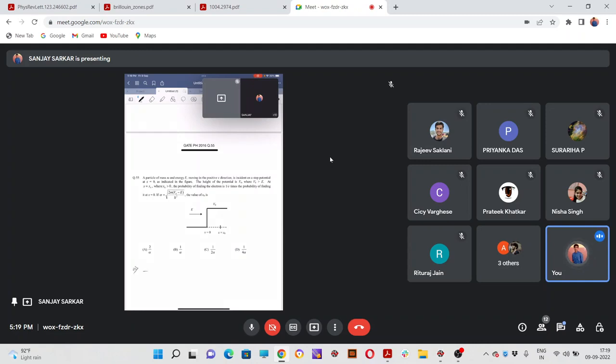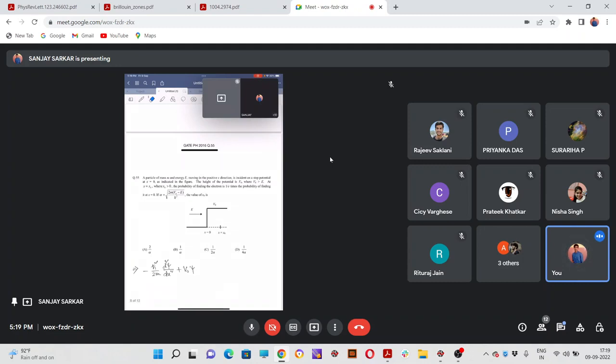So the Schrodinger equation is d2 psi dx2 plus the potential v0 psi. We need to solve it for x greater than 0, because at this point x equal to x0 we will apply the condition.